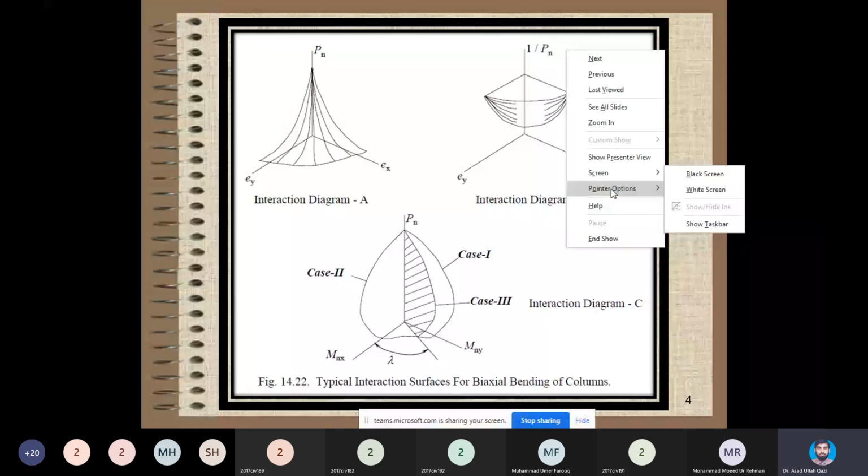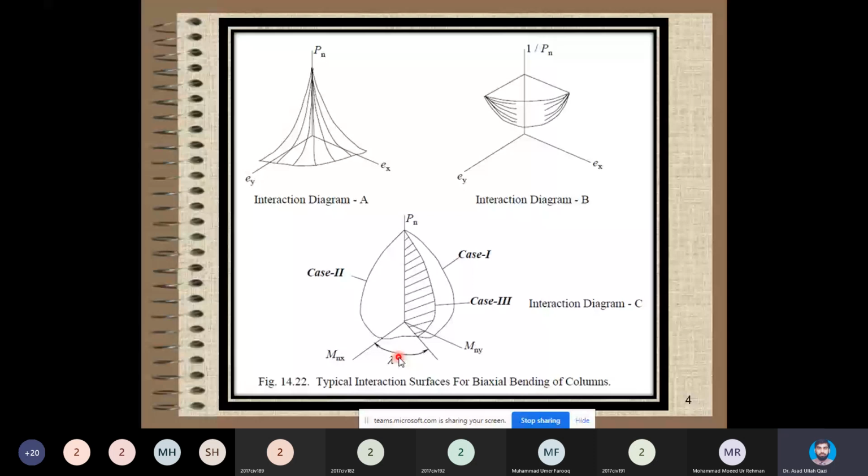First quadrant means that we are plotting moment about the x-axis, where clockwise moment is considered positive for Mnx and Mny, and P as the axial compressive force. Then any point P, Mx, My that we calculate will be one point on the surface, and this is one quadrant of that surface.